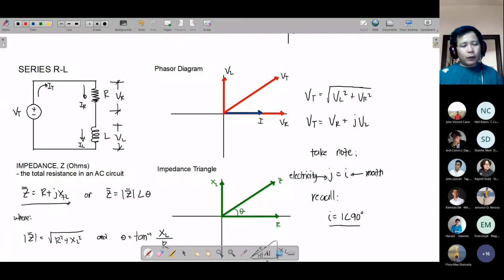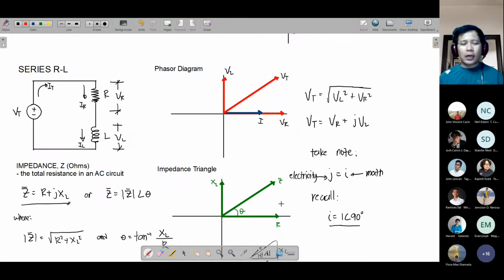Okay? If we're going to convert this into polar form, of course, that would be the magnitude of the impedance Z at an angle of theta. So of course, your magnitude will be this one, Z. If you're going to solve manually, you can solve Z using the Pythagorean theorem, the square root of XL squared plus R squared.